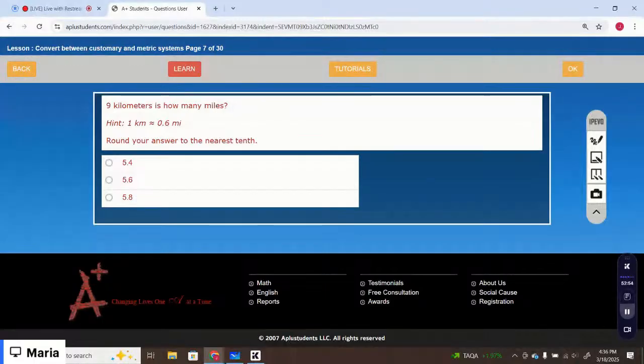Nine kilometers is how many miles? 1 kilometer equals 0.6 miles. So you have to do 9 times 0.6.